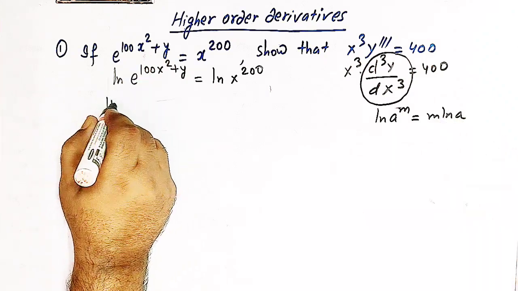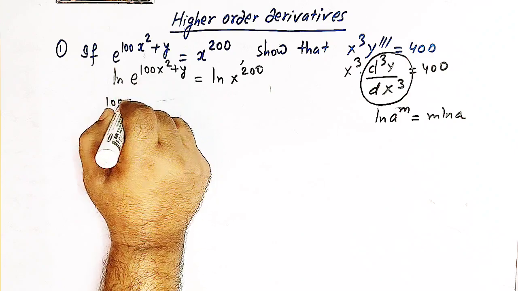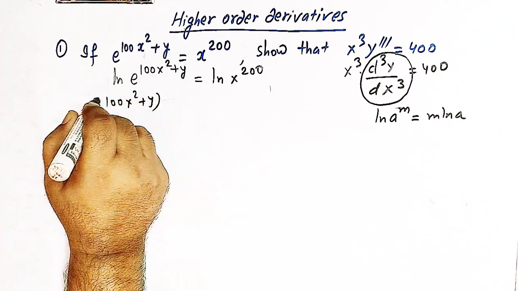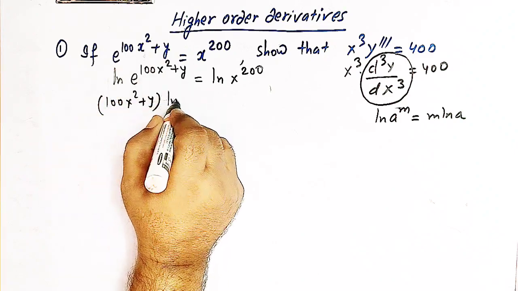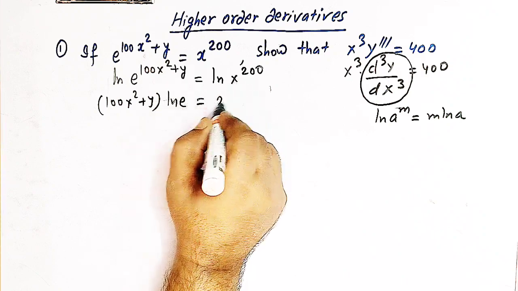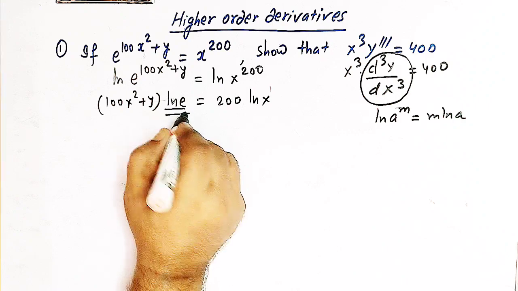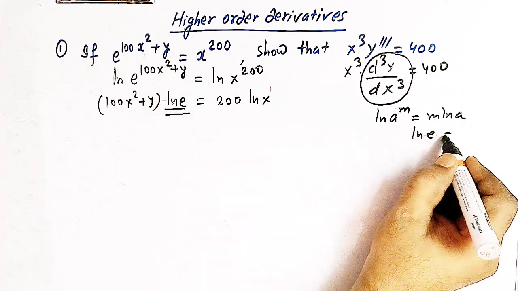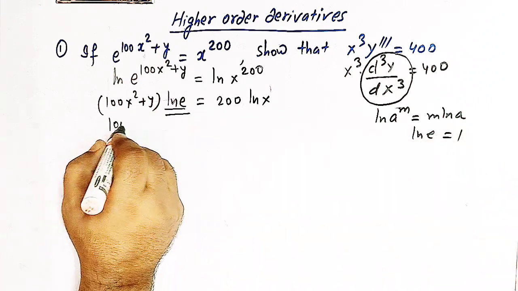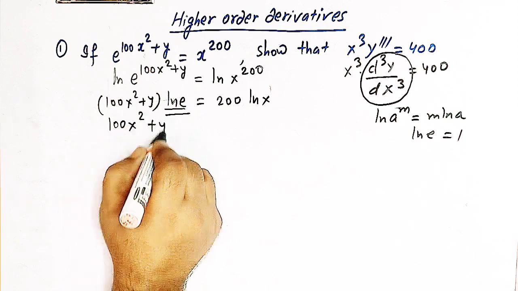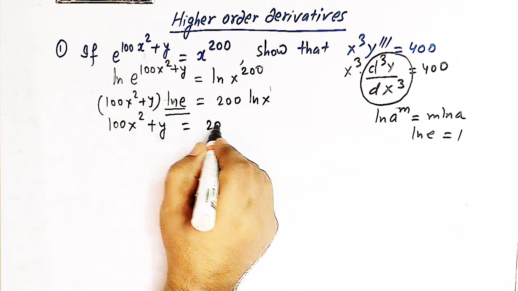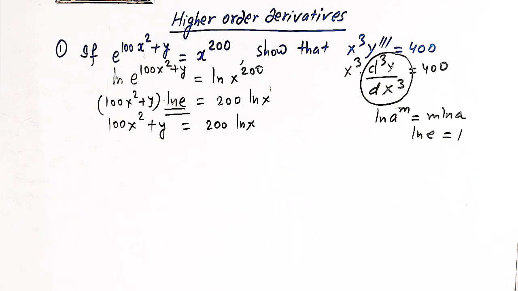So we have 100x square plus y times log of e, and 200 log of x, and log of e is equal to 1. So we have 100x square plus y is equal to 200 times natural log of x.